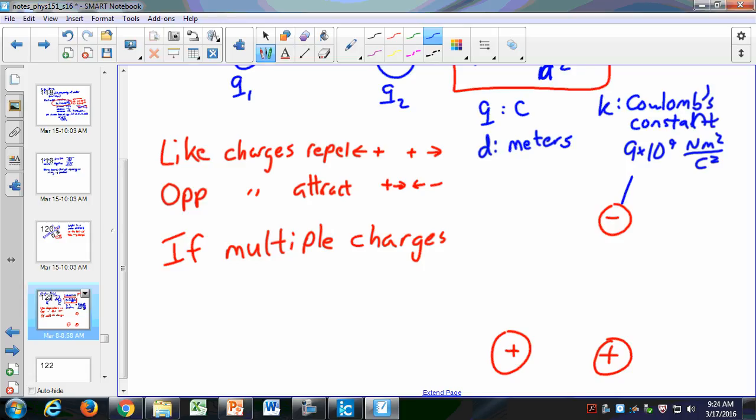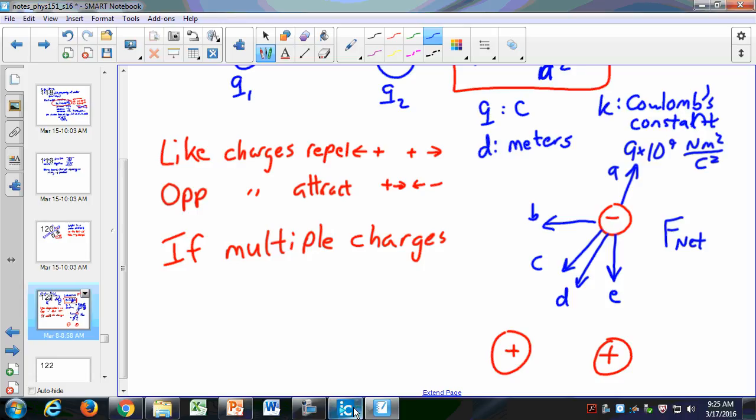Is it going to be here? That will be A. Here is B, C. Will it be here or here? We'll call this D and this E. Remember, there are two forces acting on this charge, and I want to know which of these is the net force. So you have to add up those two vectors in your mind. Think back to your vectors: if we have two or more vectors, how do we add them up?